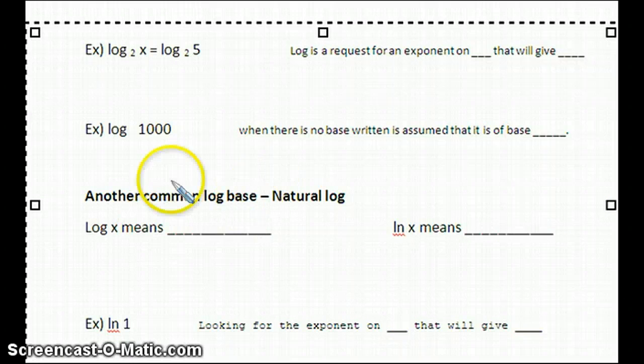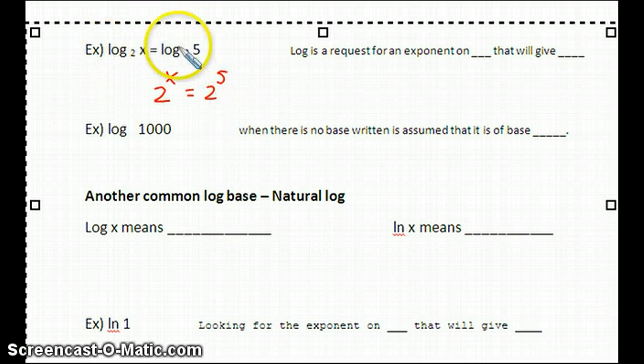Okay, looking at this next problem, this time I have log base 2 of x is equal to log base 2 of 5. So in other words, what I'm really dealing with here is 2 raised to some power, I don't know, has to be the same as 2 raised to the 5th power.